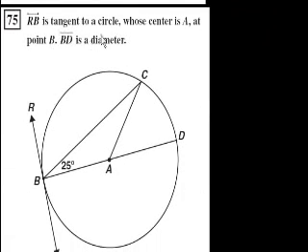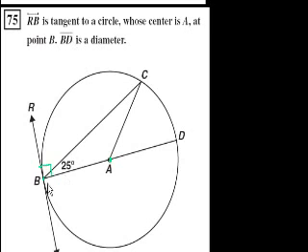RB is tangent to a circle, right? Tangent means that it just touches the outside of the circle right there at only one point, and it's actually perpendicular to the radius at that point. So this is the radius at that point, right? The center's at A. This is a radius, and it's tangent at point B, so it's perpendicular to the radius at that point.